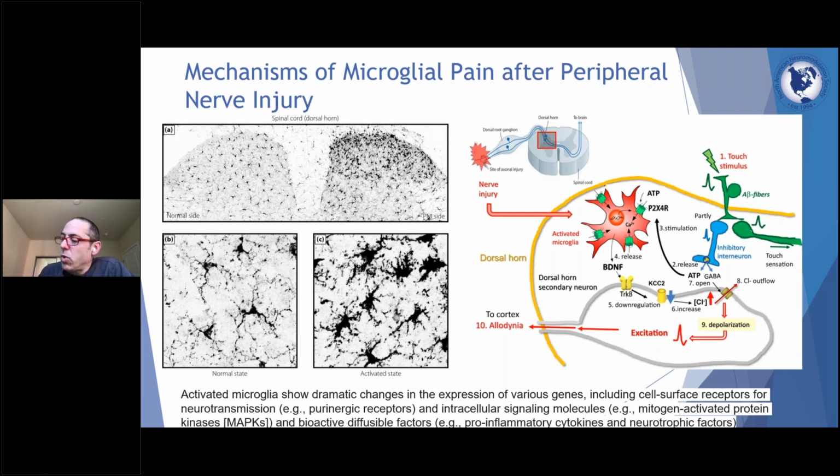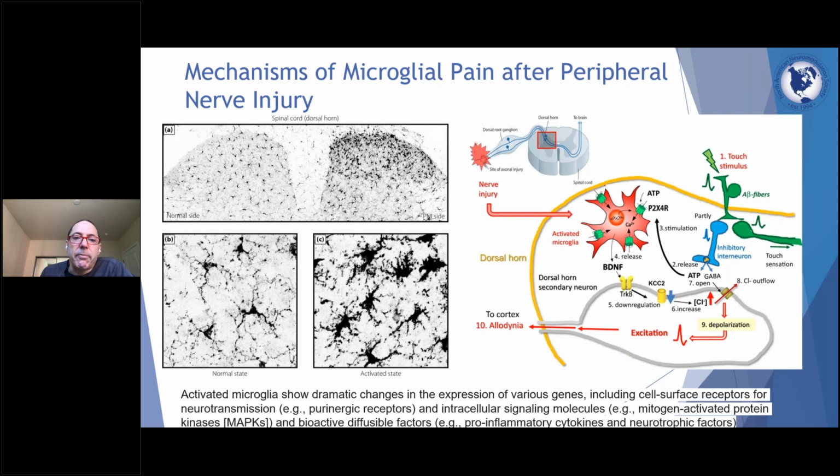It's not known what exactly activates the microglia. It hasn't been determined, but there are several candidate transmitters that activate the microglia, including a substance called monocyte chemoattractant protein 1, and there's a metalloproteinase 9, whose expressions are increased in dorsal ganglion neurons after peripheral nerve injury and may play a role in activating the microglia.